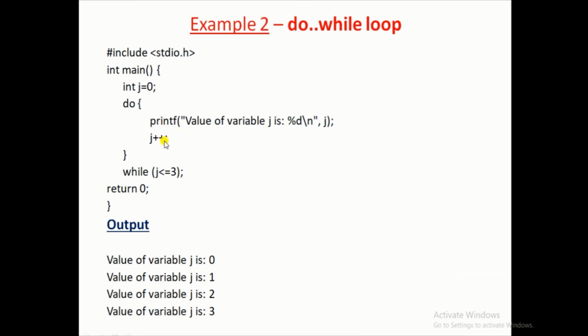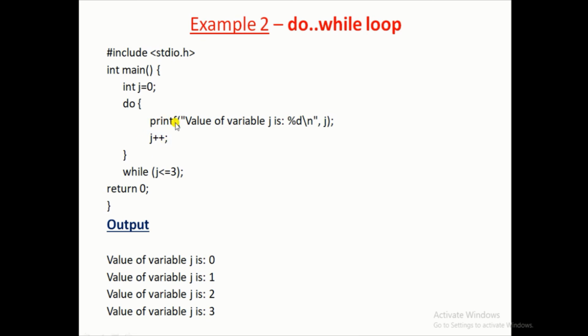So another time it executes this statement part, that is, print the value of variable j. At this time, the value of j equals 1. So it prints 1, and then the value of j is increased by 1, and now j equals 2. Another time it checks the condition, j is less than or equal to 3.